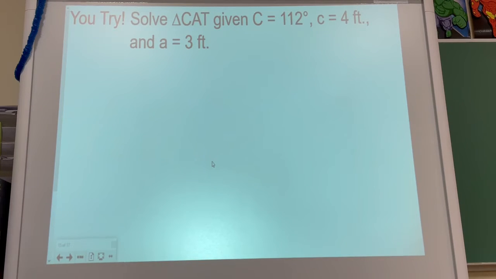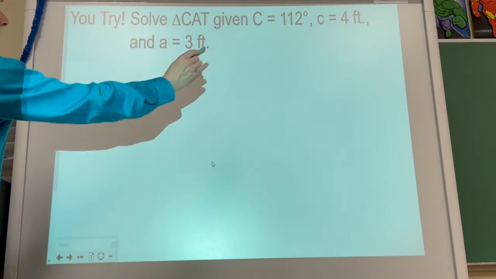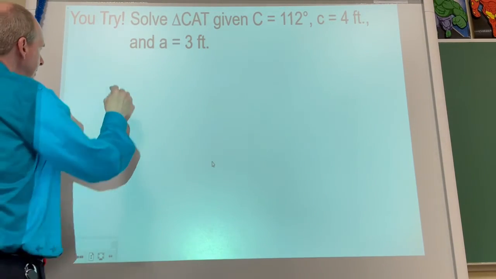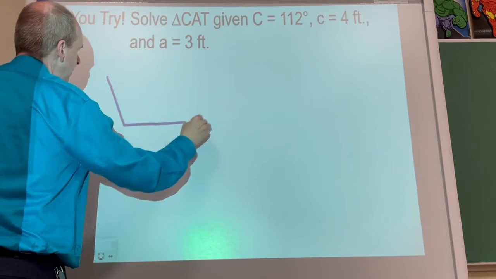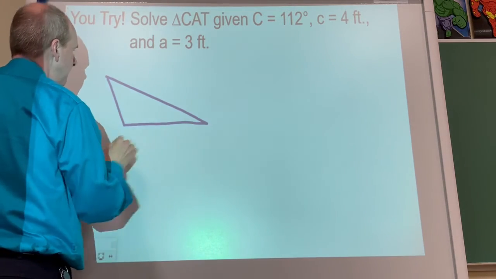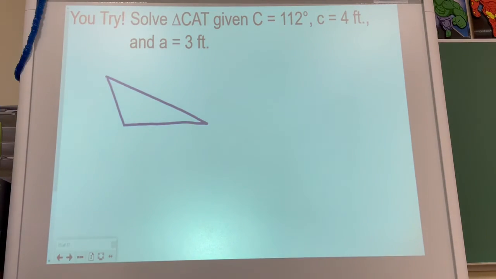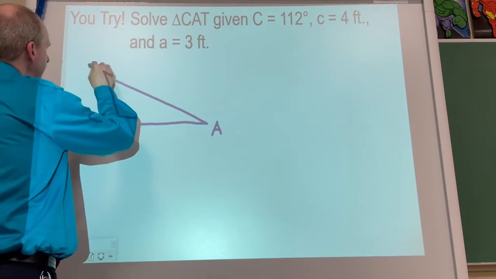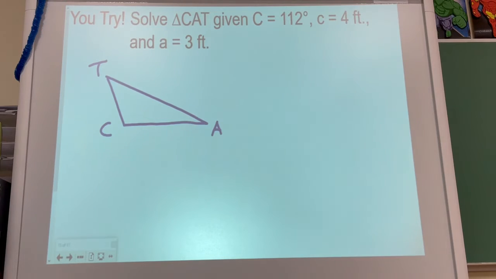All right, let's see how we did. So, well, I notice I have a 112 degree angle there, so I guess I got to draw something with a 112 degree angle. So far, so good? Yeah. How you label it really isn't all that important. If you labeled it a little differently, that will still work out okay. The important thing is you start putting the numbers in the right spots.